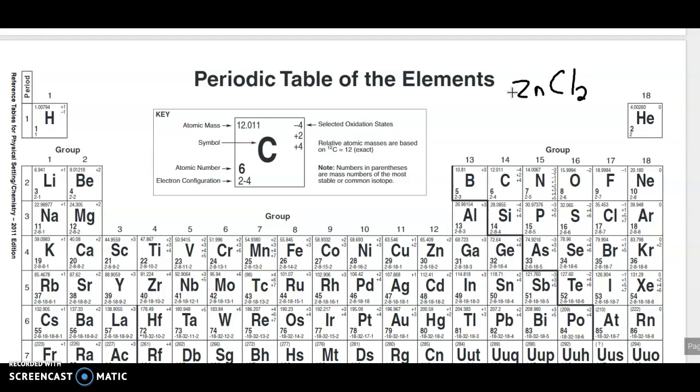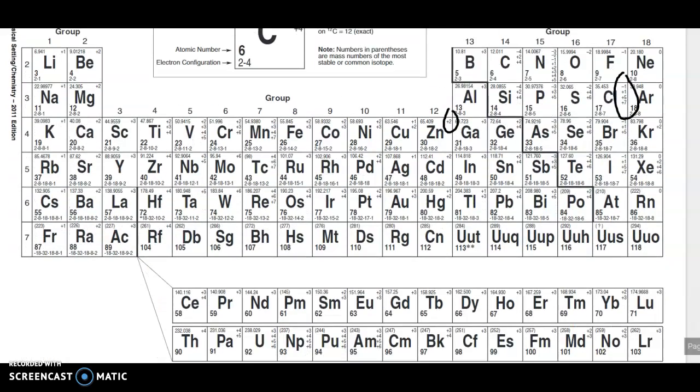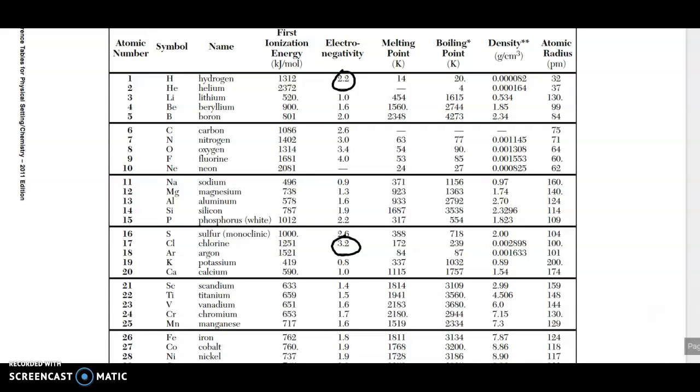We have zinc chloride, and zinc is right here. It likes to be +2, and chlorine again can be a whole bunch of different oxidation states. Again, we're going to check electronegativity-wise who likes to be the negative guy.